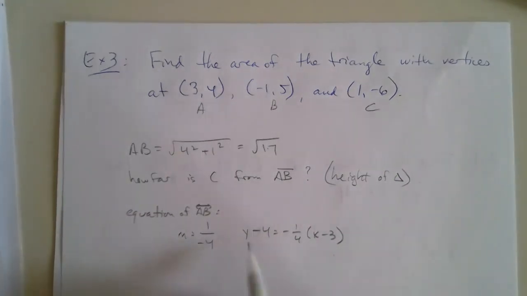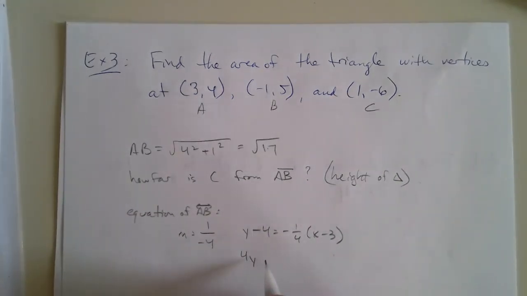I'll multiply everything by -4, just so I don't have a negative sign there, and I'll move this over. So I'll have x plus 4y minus 19 equaling 0.